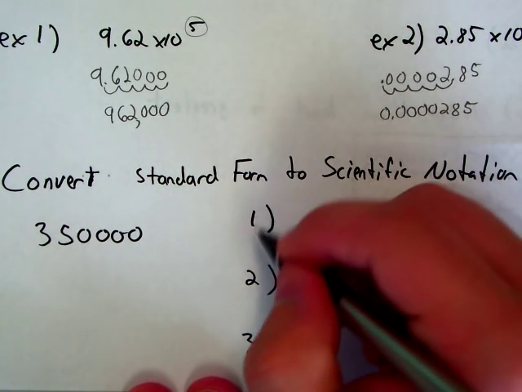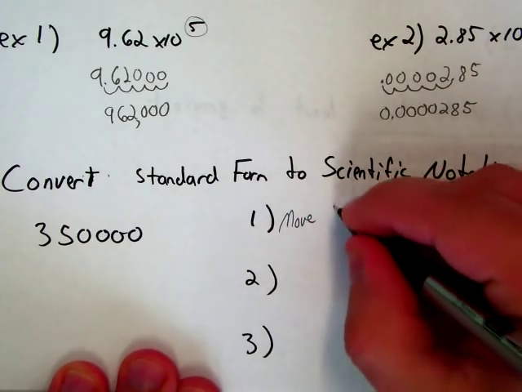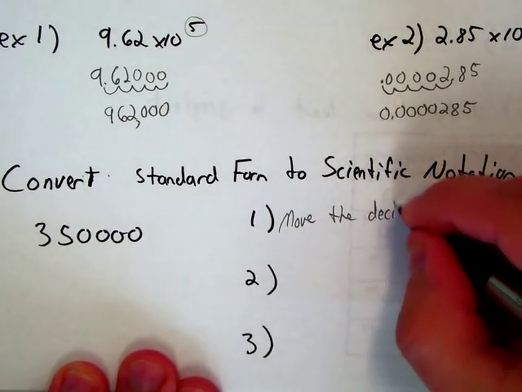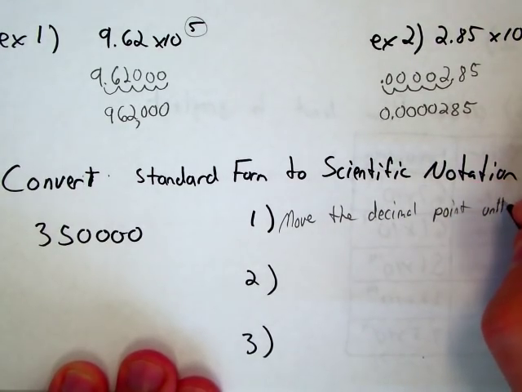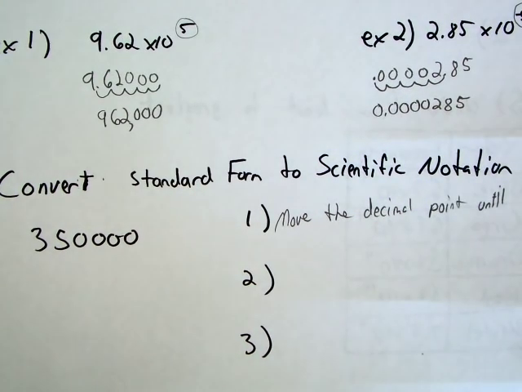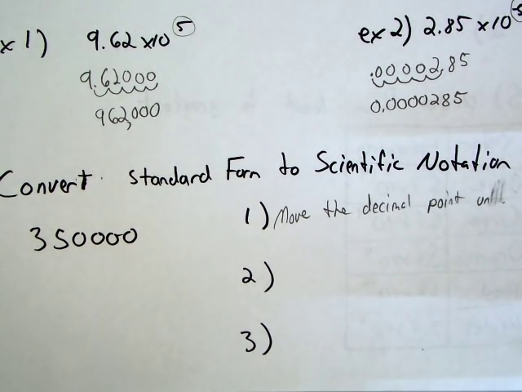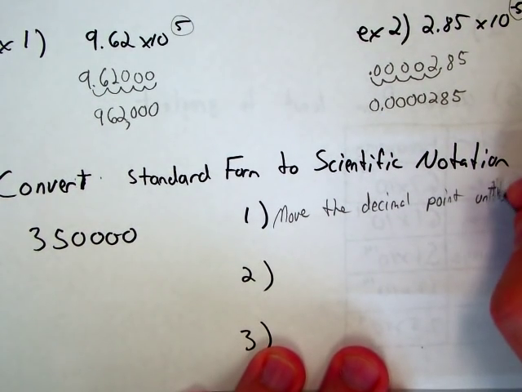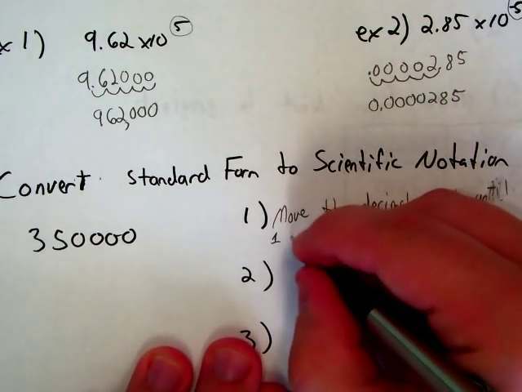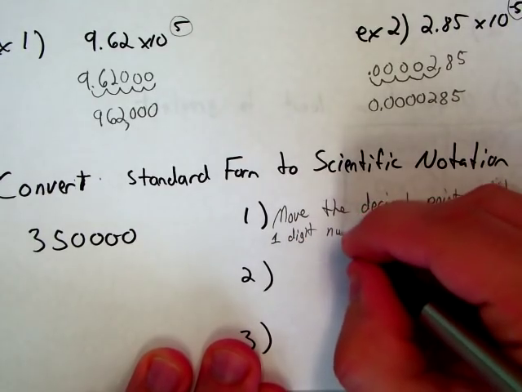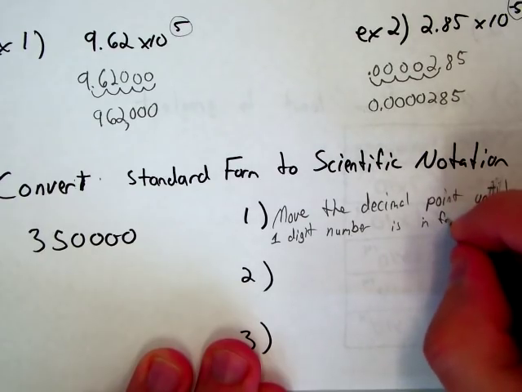The first step is we want to move the decimal point until a 1-digit number is in front of it.